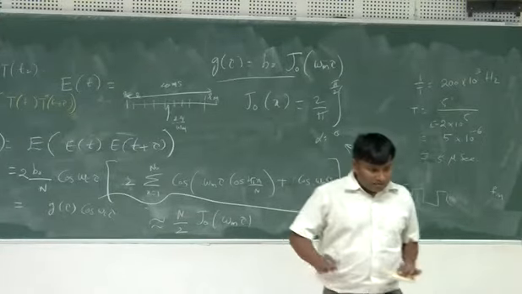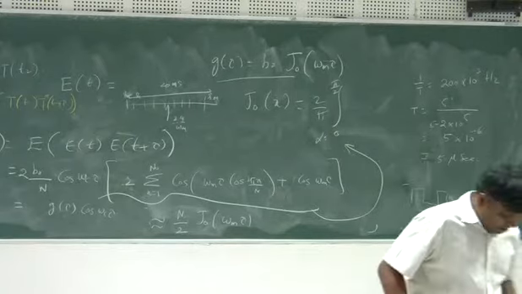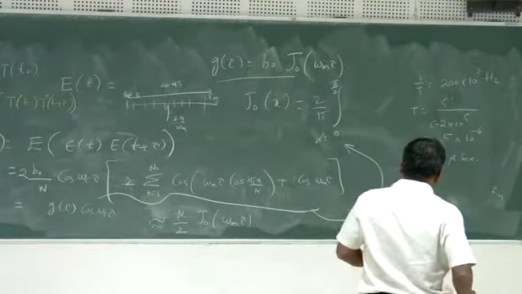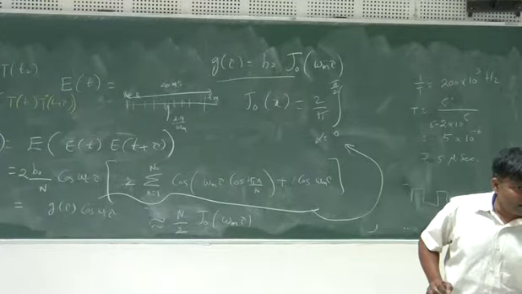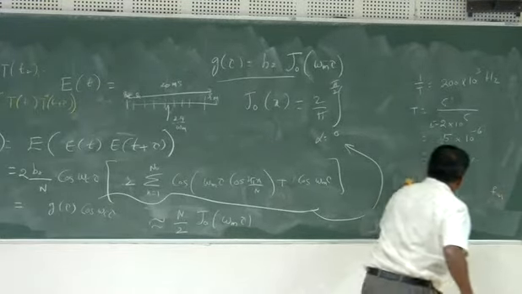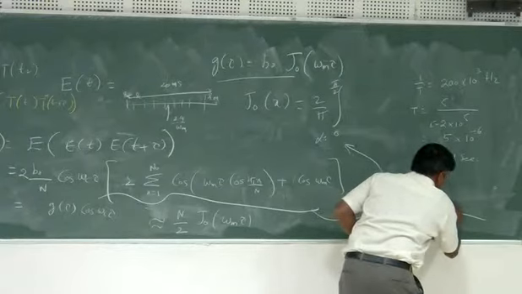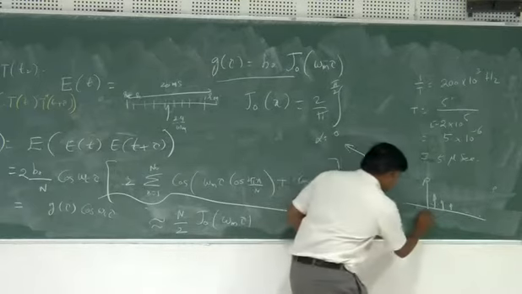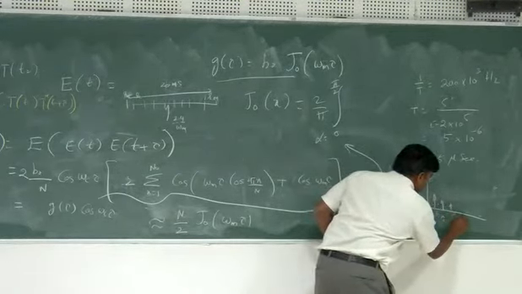And the delay spread in typical urban areas is on the order of 0.2 microseconds. What is delay spread? Do you know what is delay spread? It is the impulse response, right? Tau equal to 0, tau equal to tau 1, tau equal to tau n.